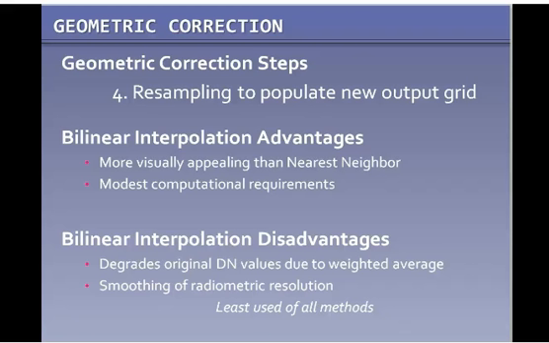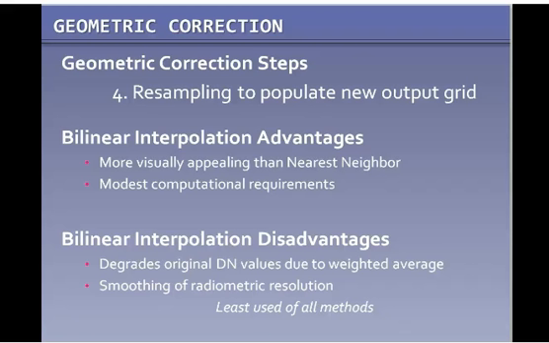But the other thing to keep in mind is that it is actually changing those DN values, right? It's now a weighted average. It's not giving us the original data that the sensor collected. And so in a sense, you're almost smoothing over your entire image, meaning that any extreme values, maybe there was one pixel that really had extreme absorbance or extreme reflectance, it's going to be washed out because you no longer see those extreme values.